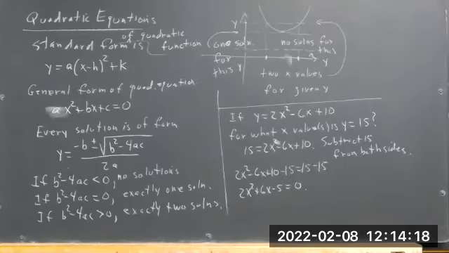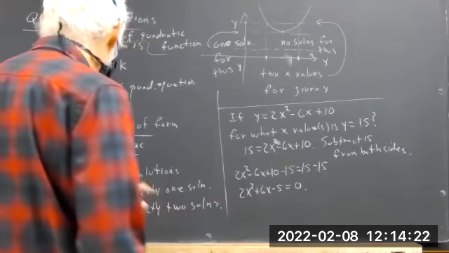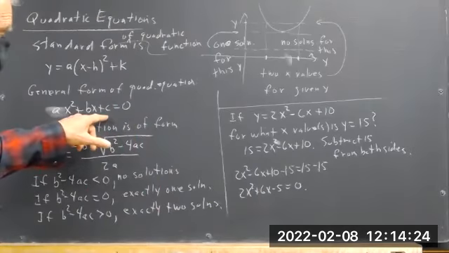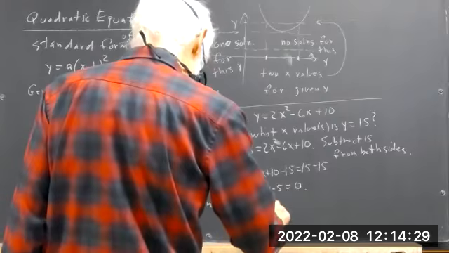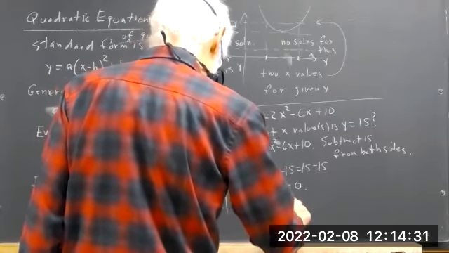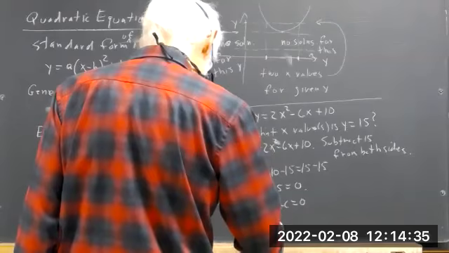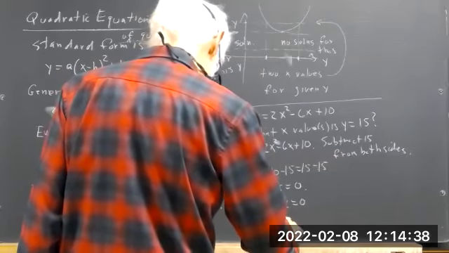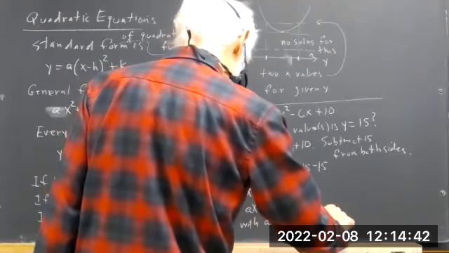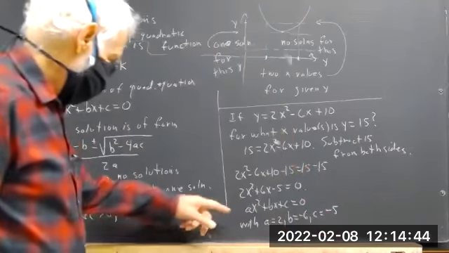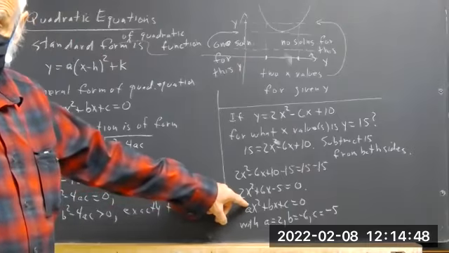Okay. Now we can read off our solution. In this form, this is the form ax squared plus bx plus c equals 0. You can see what a, b, and c are. a is the coefficient of x squared, right?